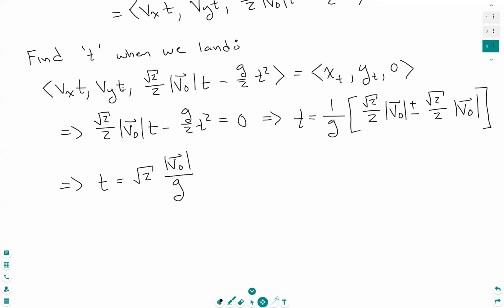Now, going back to this expression, we can look at the x and y components as well.